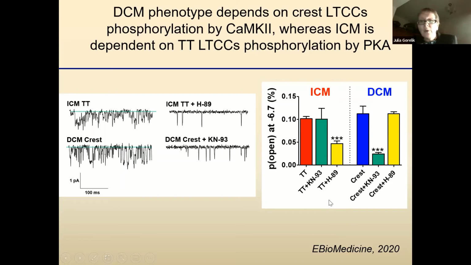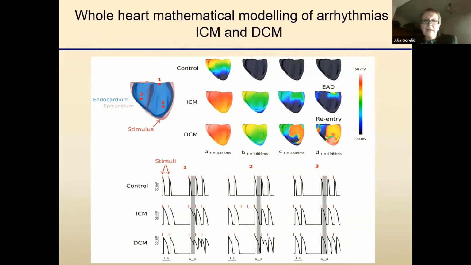In dilated cardiomyopathy, the opposite, we can close the abnormal open probability channels in the crest with the blocker for CAM kinase 2. And potentially this is also important, Natalia produced models and showed the difference. So in ischemic, we have EAD, and in DCM, we have re-entry.